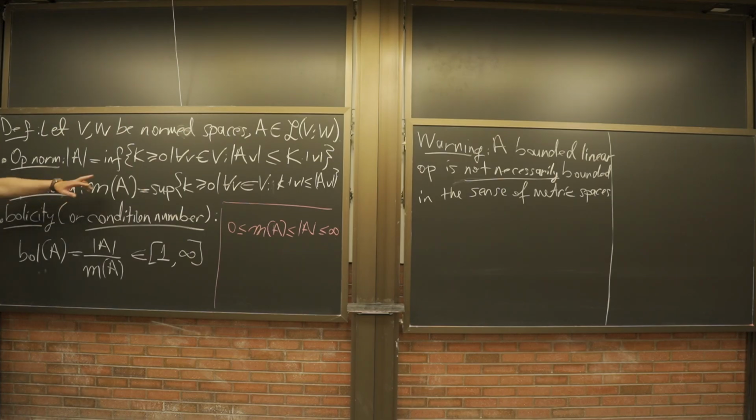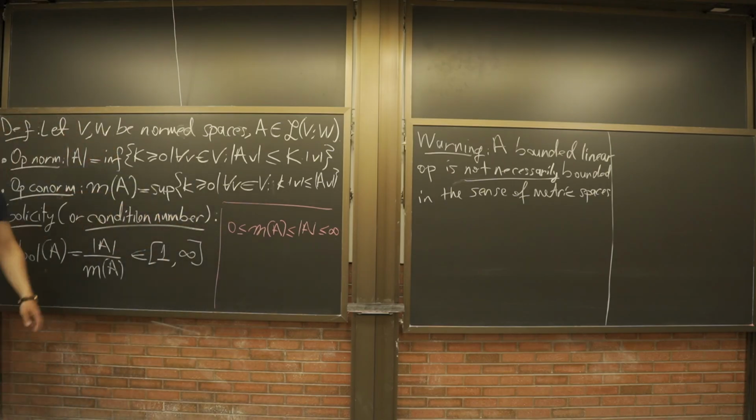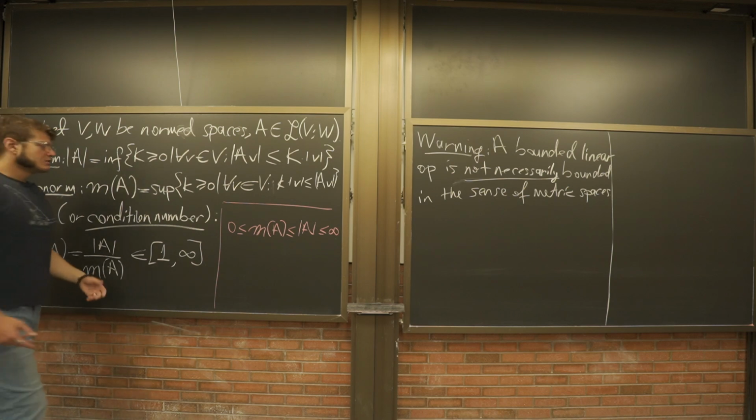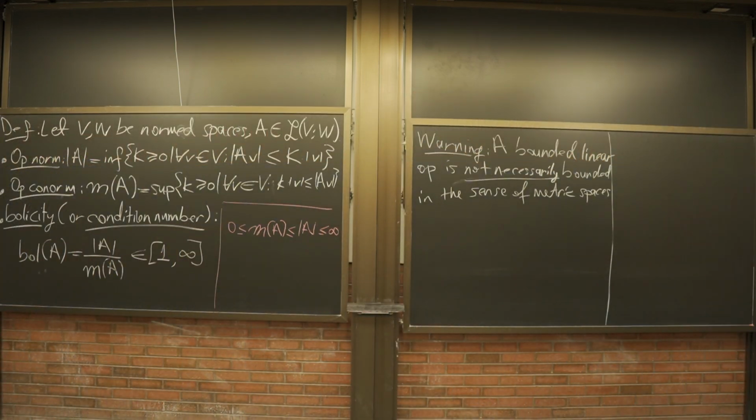Then I mentioned that instead of looking at the largest stretch, which was the geometric understanding of this operator norm, you can look at the largest compression. It's like the dual notion, and it is called the operator conorm, denoted typically by M of A. So you do it the other way around.